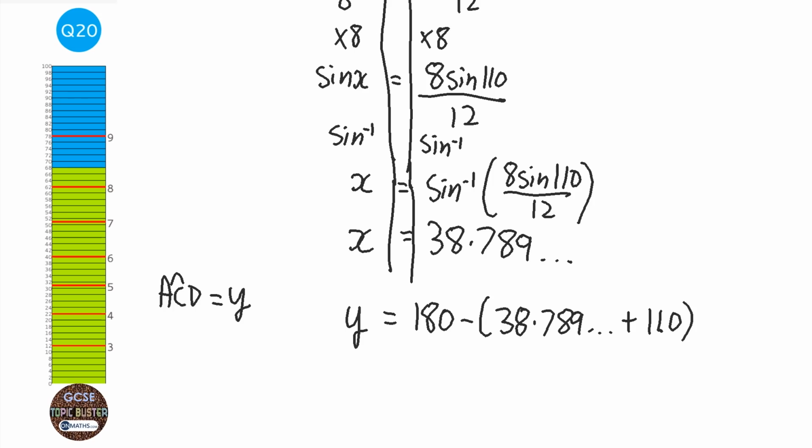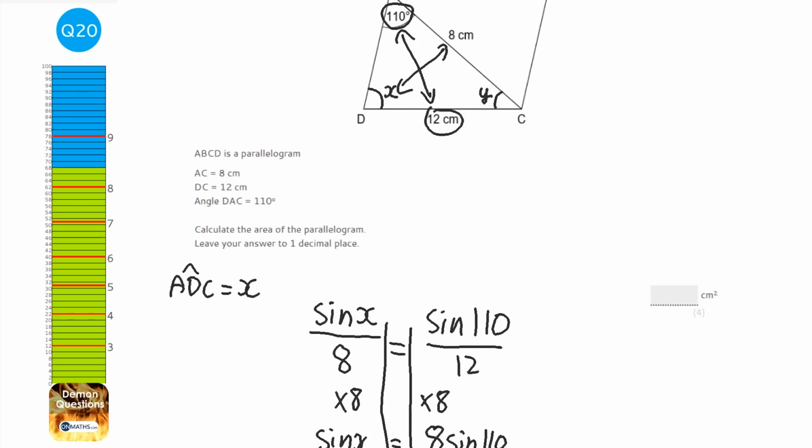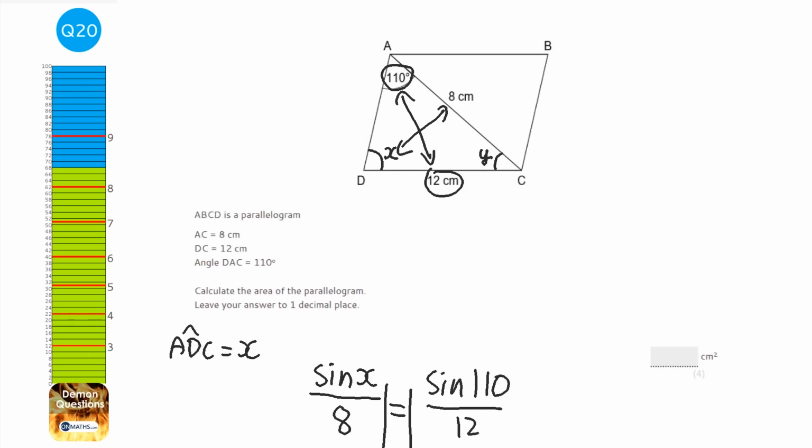So I'm going to add 110 to that, then I'm going to type in 180 take away the answer. So that tells me that y is 31.2104 blah blah blah.